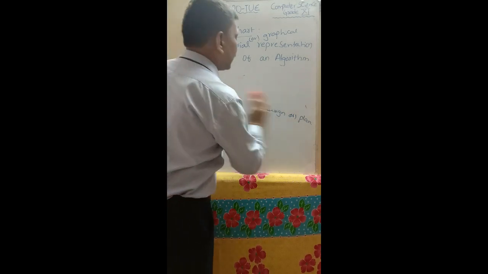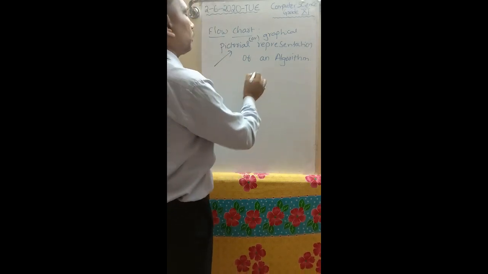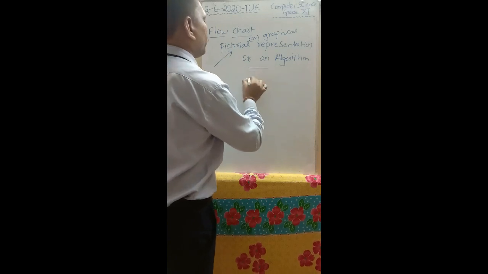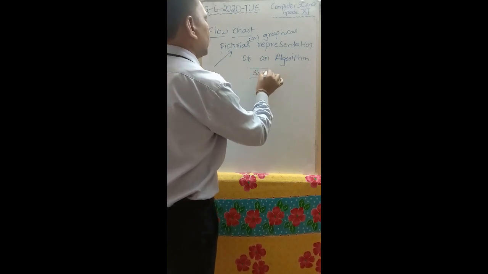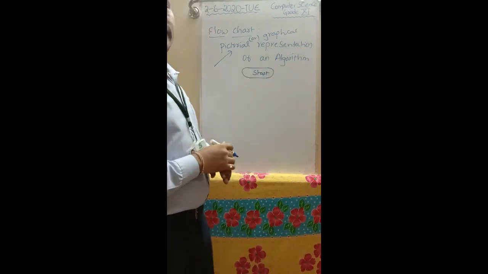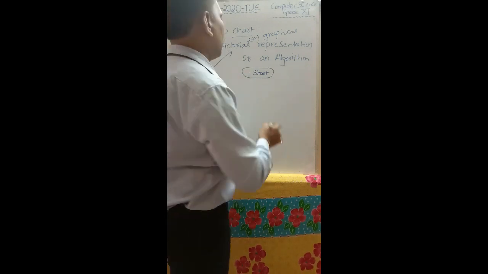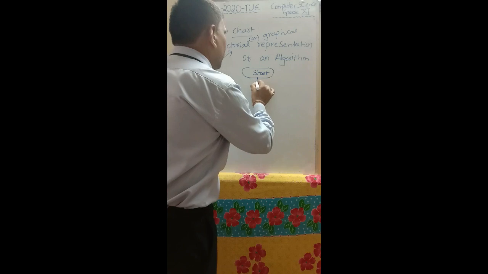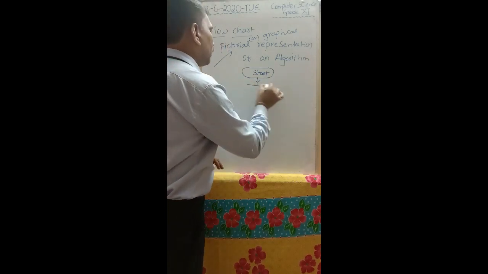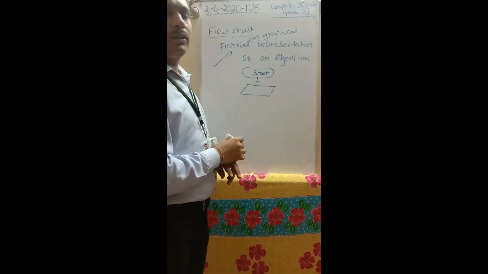In the previous class example, we wrote the sum of two numbers, which can be displayed in a flowchart here. First, start is the first statement of every algorithm, displayed in the flowchart using this symbol. Next statement: input A comma B is displayed in this parallelogram shaped box.